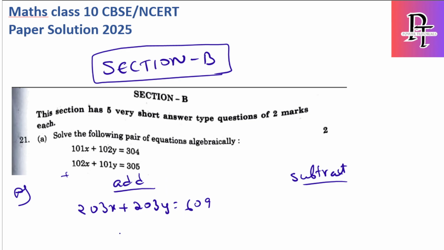If I take 203 common, I can say x plus y is equal to 609 by 203. This is thrice, so I got the equation x plus y is equal to 3.